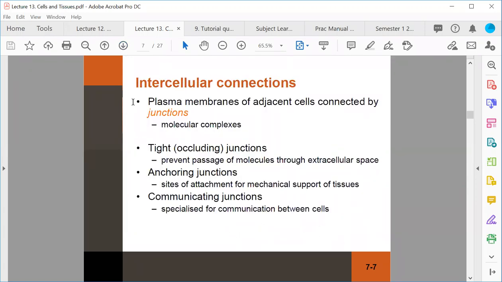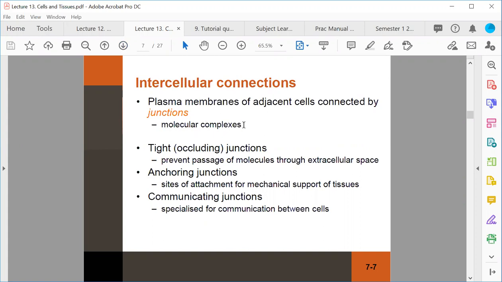All right, where cells are in close contact with each other, and we're still talking about animals here, the plasma membranes of those adjacent cells are connected by what are called junctions.